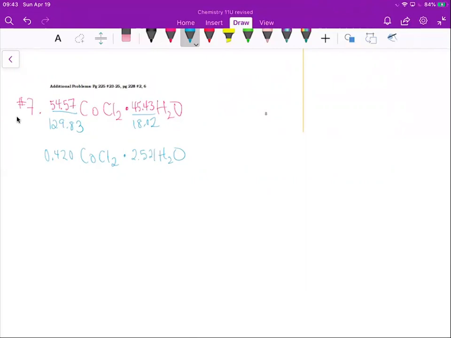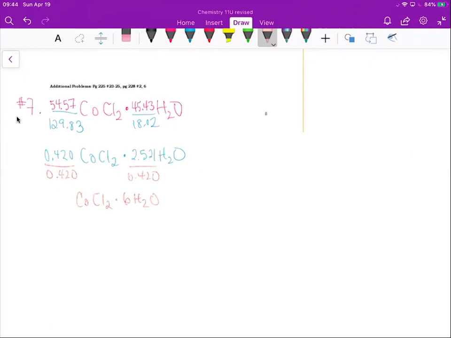My next step is going to be divide both by the smallest number. This is cobalt chloride, going to be coefficient 1. And water will be 6. So it's cobalt.